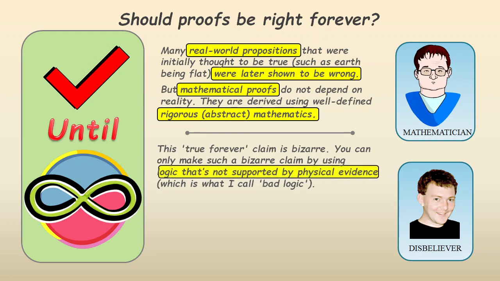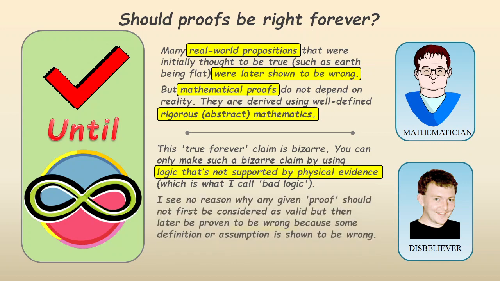Such a claim can only be made using so-called logic that can't be substantiated by physical evidence. If an underlying definition or assumption is shown to be wrong, then we would expect any proof that uses them to be reassessed or reworked, because that also might be wrong. This forever-true stance is yet another assertion that makes mathematics sound more like a dictatorial religion than a science-based discipline.